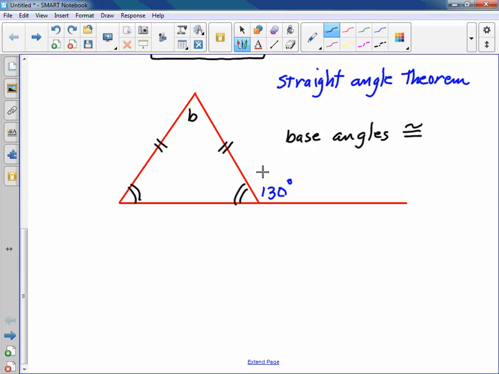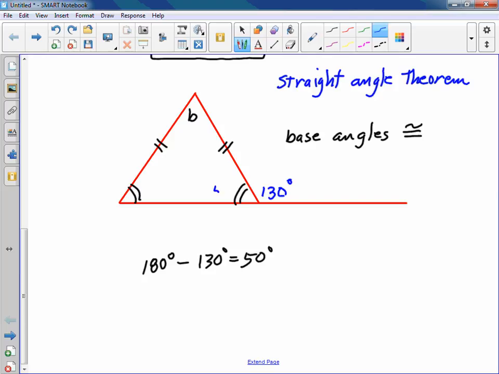You might at first look at this and say, hey, that's not enough information, but it really is because of the straight angle theorem and the triangle sum theorem. So this angle here is 180 degrees minus 130 degrees, which is 50 degrees. Okay, we're good there.